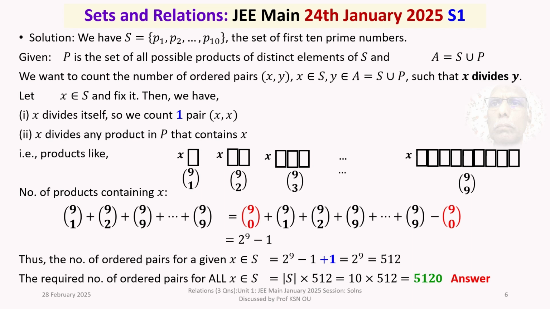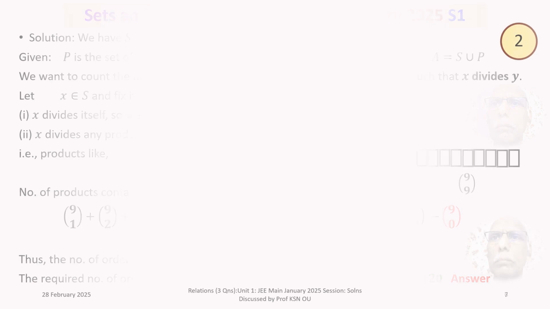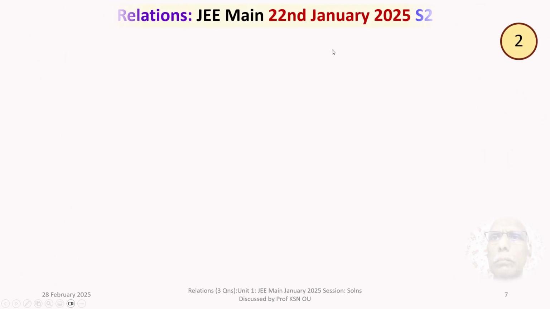Right. We move to the second question. This question appeared on 22nd January 2025 in the second shift. It is on relations. Let A be the set consisting of the elements 1, 2, 3.